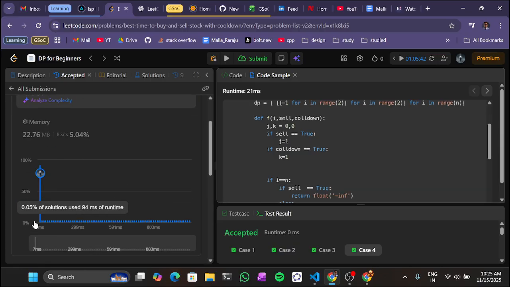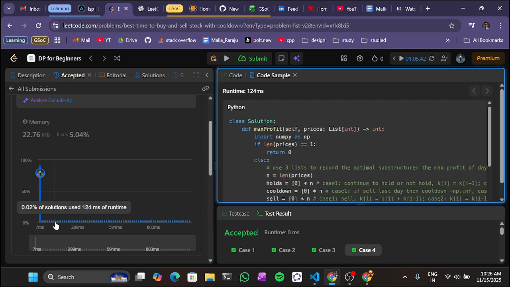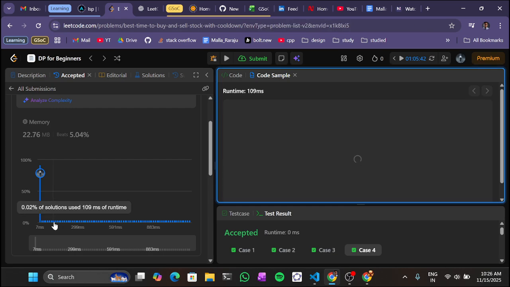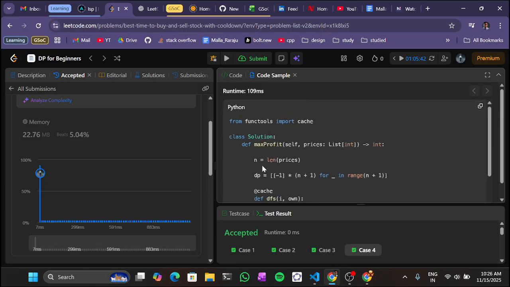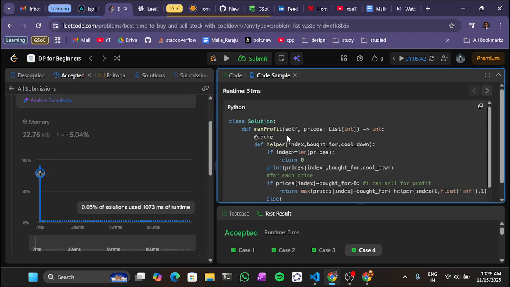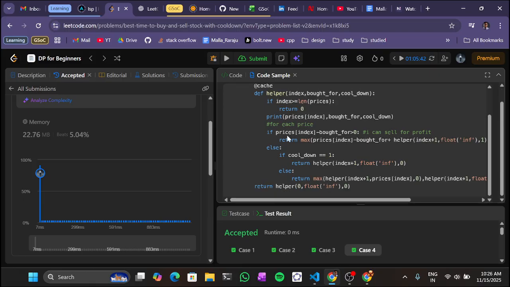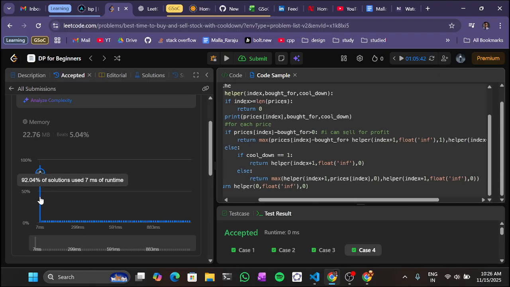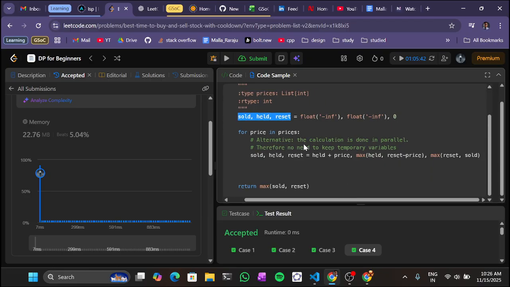Okay, sold, and oh, there is a second approach.